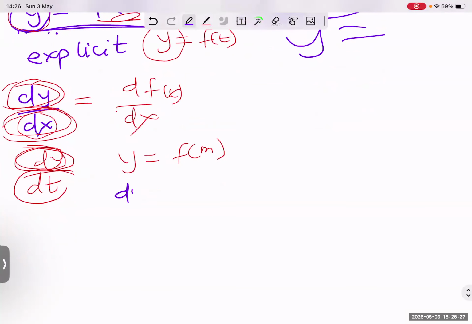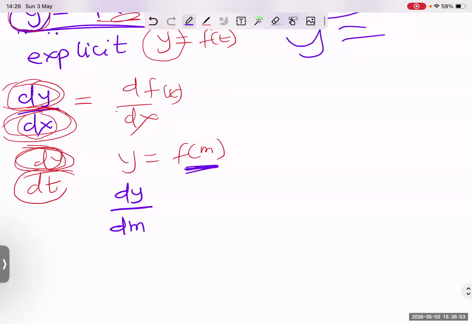So we'll write dy over what variable are we differentiating with respect to. Since the variable that y has been expressed with is m, the denominator side becomes dm. Then you go on to the right-hand side and differentiate every single term. This is known as explicit differentiation.